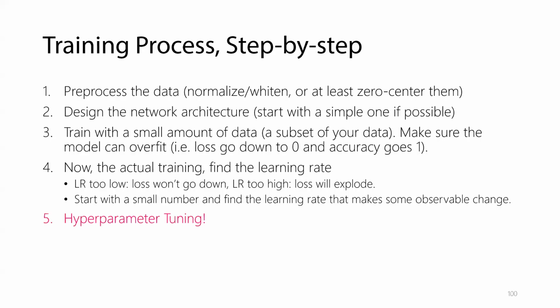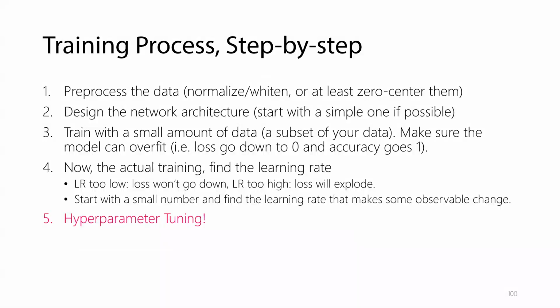And then the rest of the hyperparameters, okay? The rest of the hyperparameters may include the model architecture itself, right? In case you use leaky ReLU or other activation functions, that alpha coefficient could be another hyperparameter.